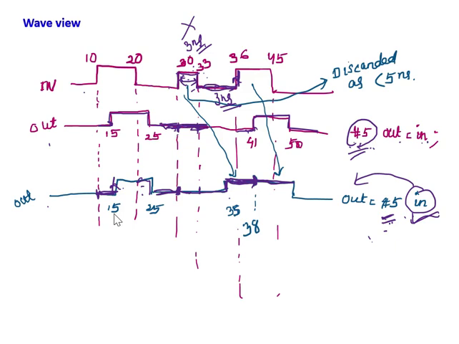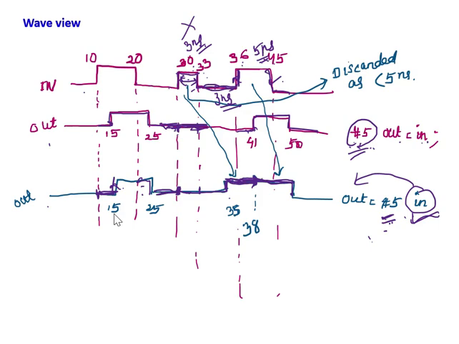So this will be continued because from 36 to 45 is 5 nanosecond. After 5 nanosecond I am getting 1 to 0 transition. This delay is not less than 5 nanosecond, it is equal to 5 nanosecond.